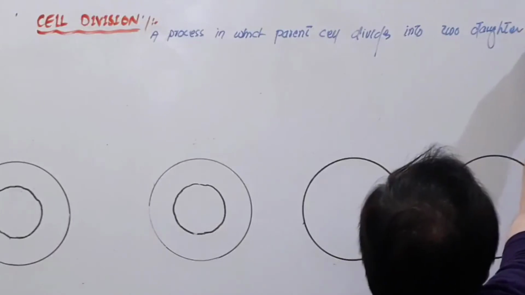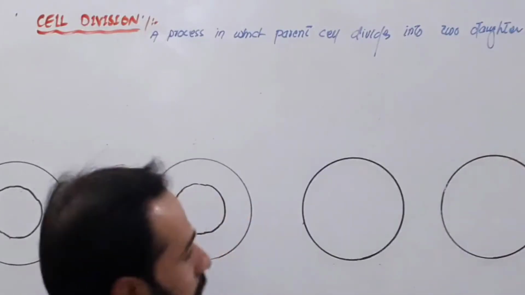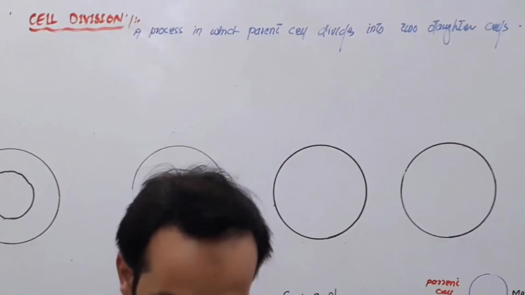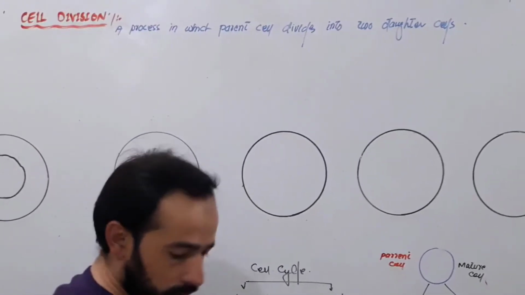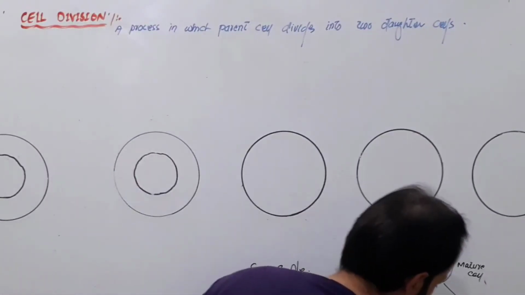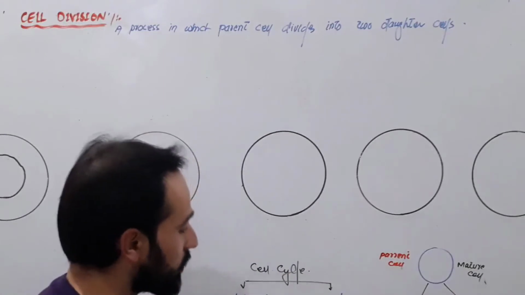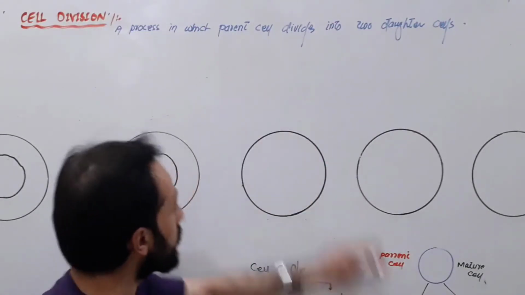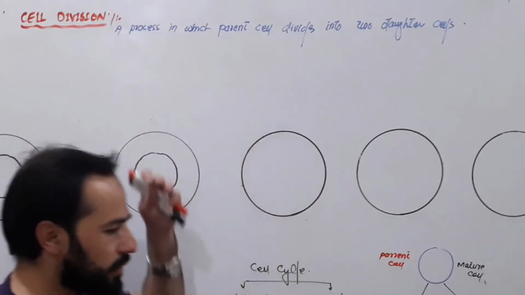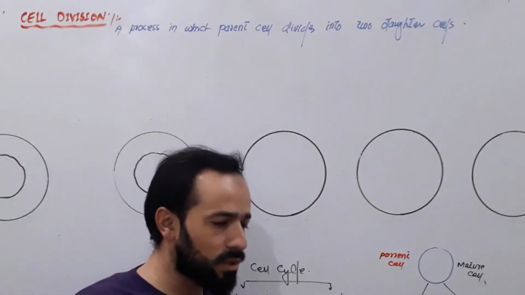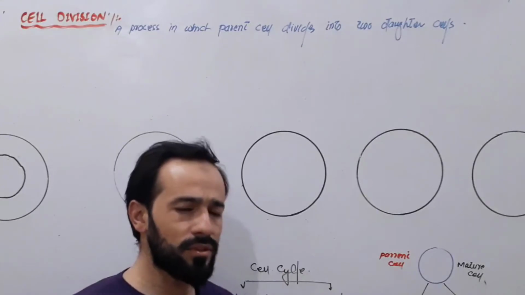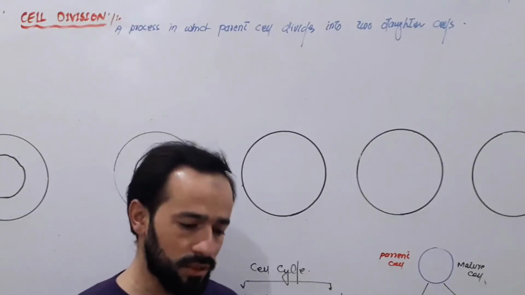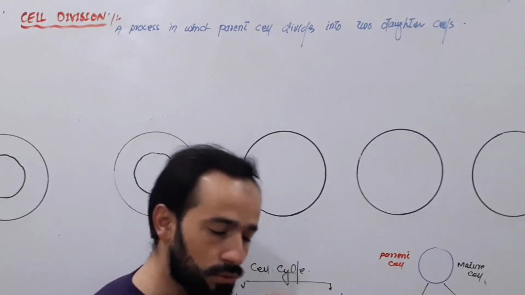Such a process is called cell division, and we are not concerned here with how many chromosomes these cells are receiving. I will discuss that right now, but we just want to know what cell division is. So cell division simply is a process in which a parent cell divides into two daughter cells.